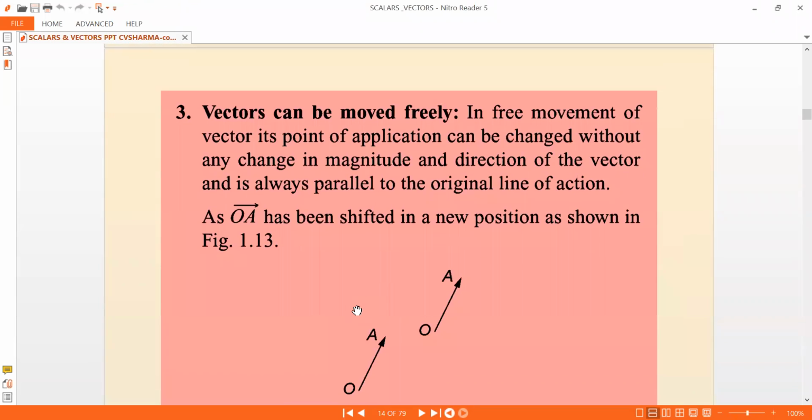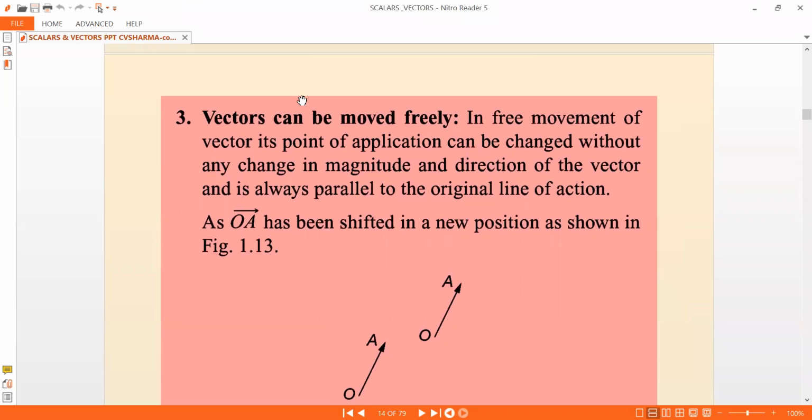Vectors can be moved freely. This is another very important concept. Like this, you can slide and move. Both things you can do. But the direction should not change, which means that suppose I draw a vector, I can always draw a parallel vector like this. And again, I can slide this vector.